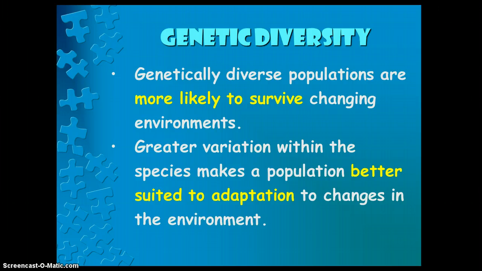We'll say this population of birds can only eat grass seeds at one point. Well, if a drought comes along and it kills the grass and there are no more grass seeds to eat, they could likely move on to another food source. The ones that have bigger beaks could, whereas the ones that do not would likely die.